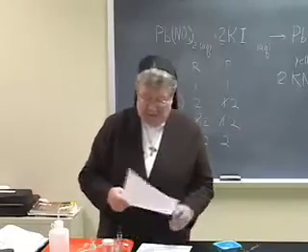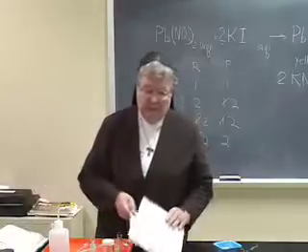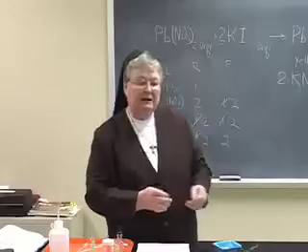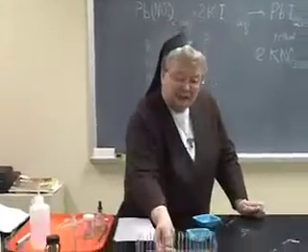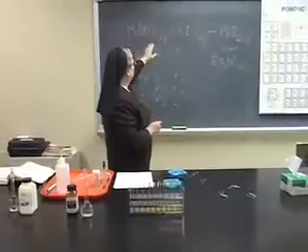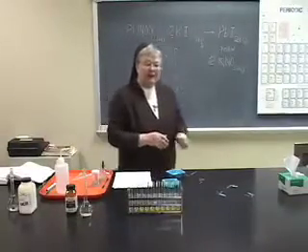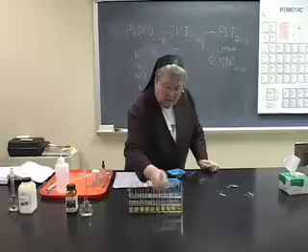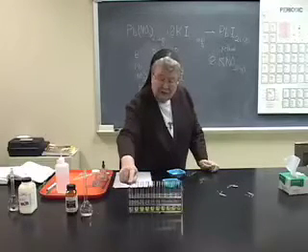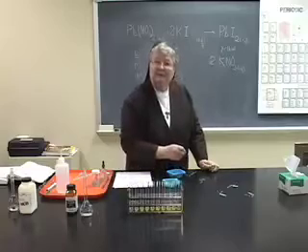So in this particular chapter, we've got to deal with quantity. And what I'm trying to show you in this particular demonstration is this reaction with lead 2 nitrate and potassium iodide. And I've added equal amounts of the lead 2 nitrate, 4 drops.